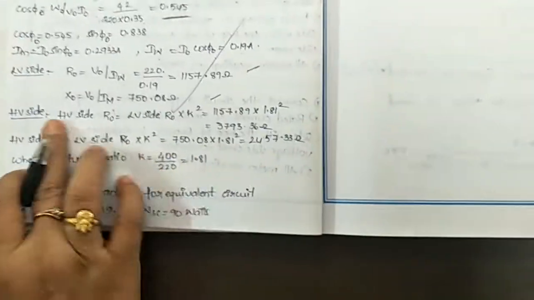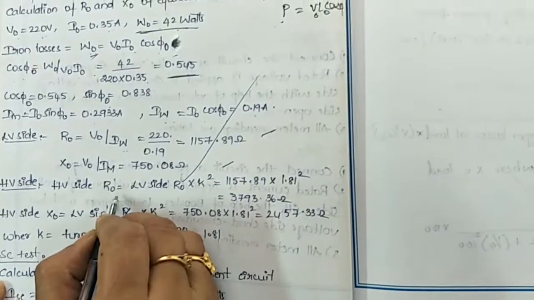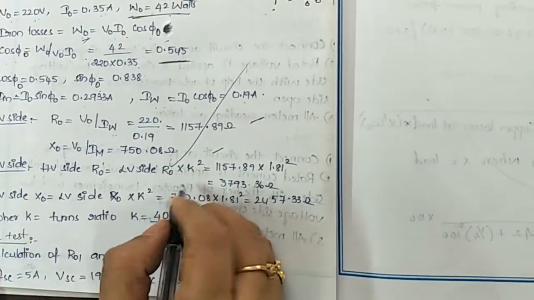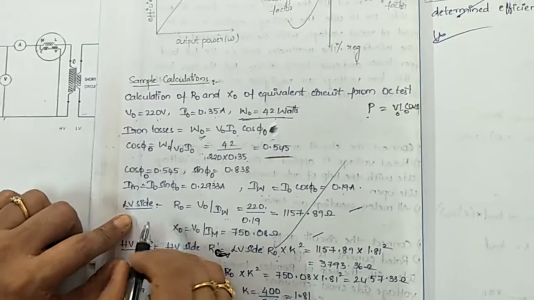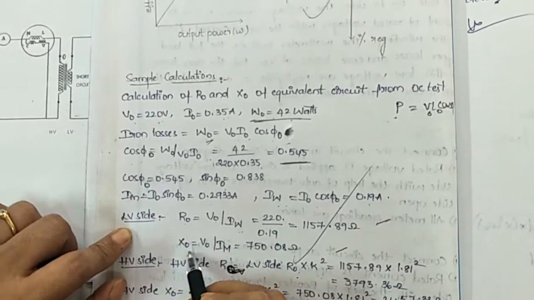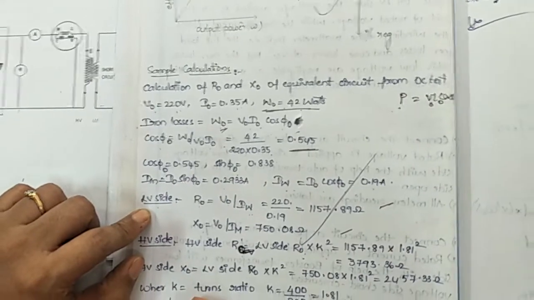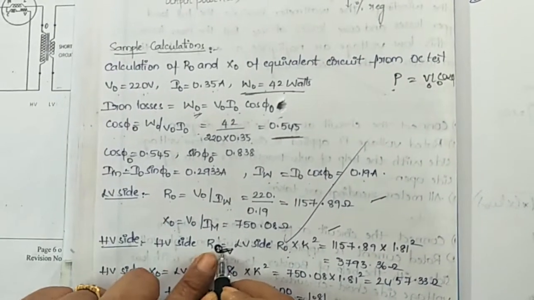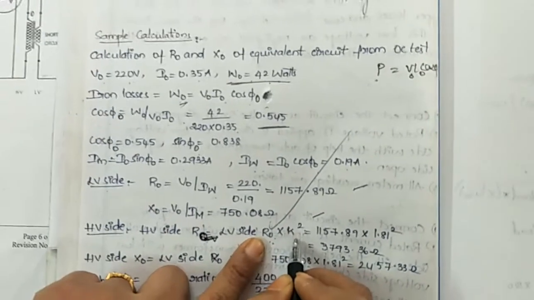Similarly, on the HV side, the resistance is equal to R naught into K square. As the parameters R naught and X naught were measured from the LV side, to transfer them to the HV side, R naught on the HV side equals R naught on the LV side multiplied by K square.